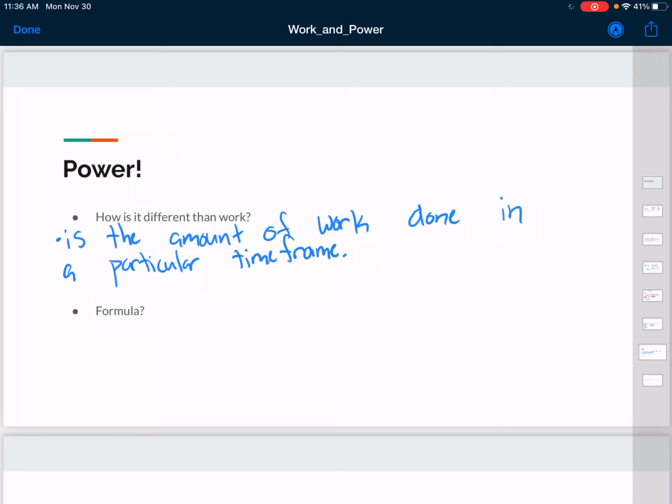All right, so the big thing here is if I have lifter A and lifter B, let's say they are both down in the weight room lifting weights. They both decide to curl a 30-pound dumbbell.